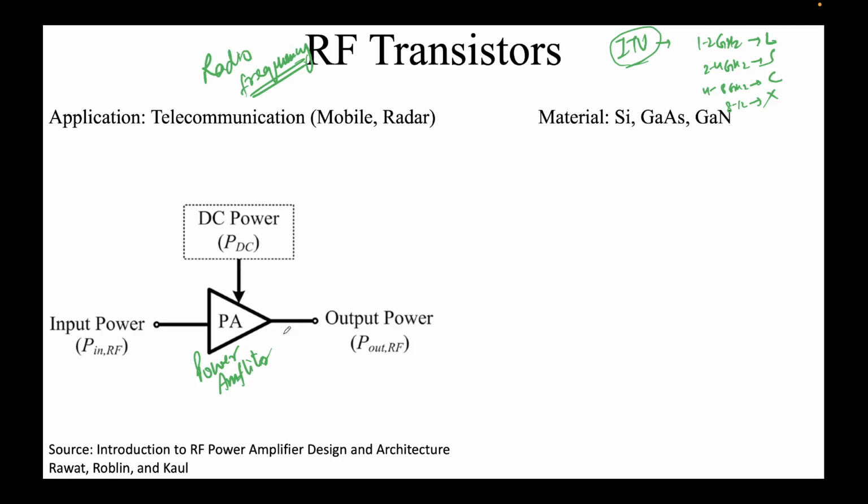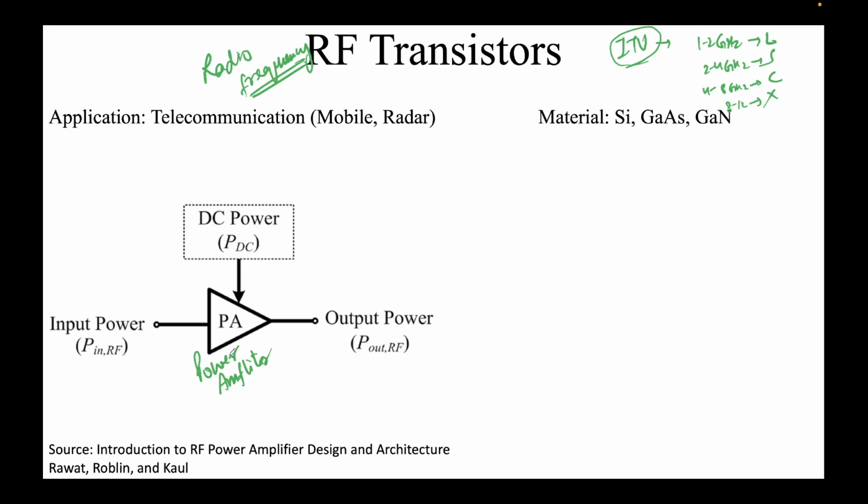You must have seen this symbol. This is what some people might recall. This is an operational amplifier symbol. Right? 741. A similar principle is happening here. We input some power. This is an RF power, that's why this P in RF. And we input some DC power. Why DC power? Because this is a transistor, it must have some VDD or the bias levels, the ground lines and all that.